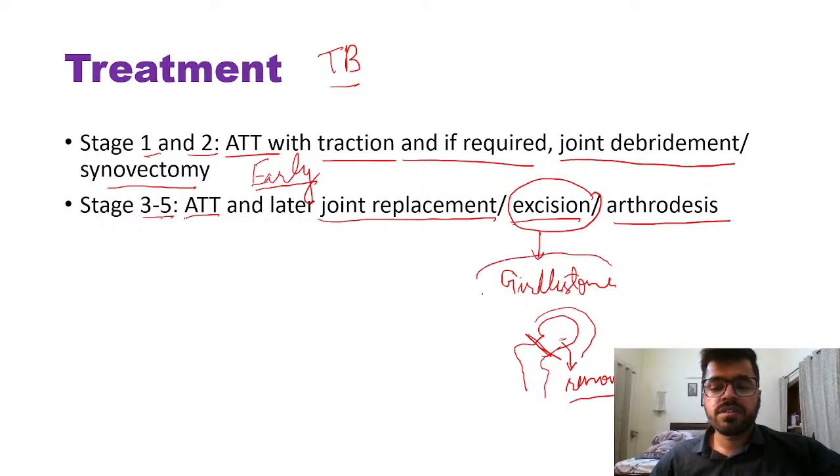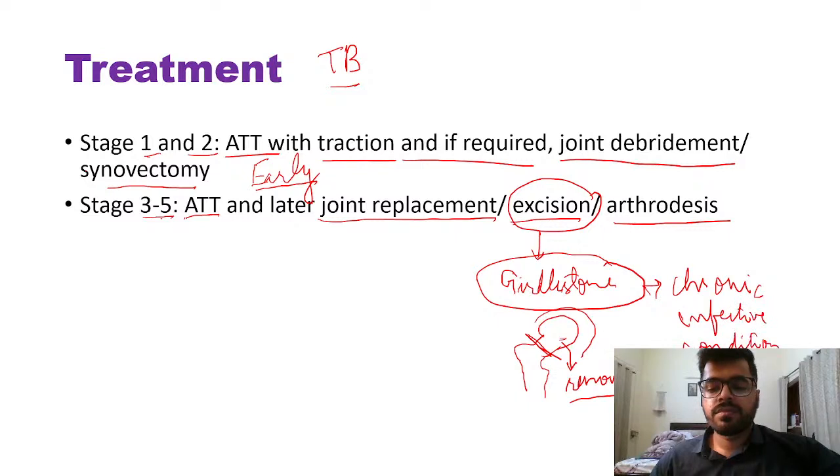This is done in chronic infective conditions of the hip, for example, when we are not able to control the infection. If you're not able to control the infection and we need a mobile joint, we go for excision arthroplasty. If the infection gets controlled maybe 1 or 2 years after the treatment, then we can go for joint replacement, total hip arthroplasty.